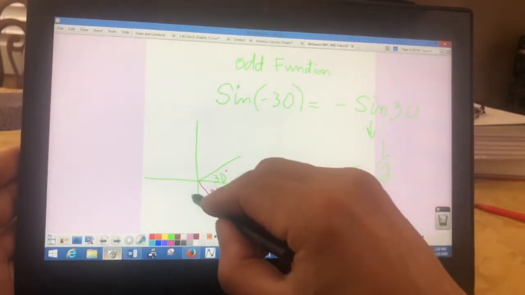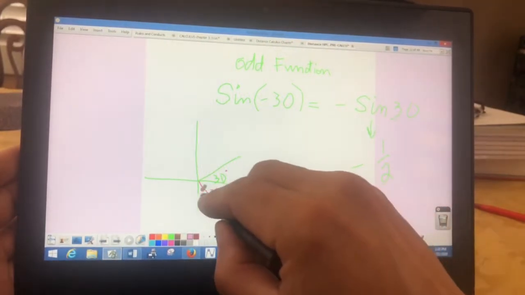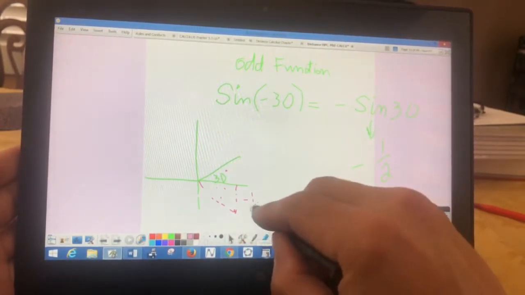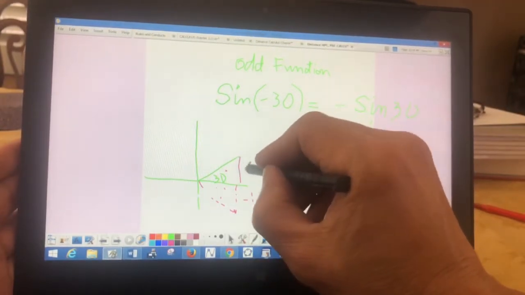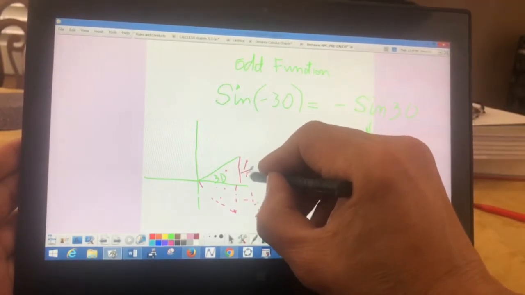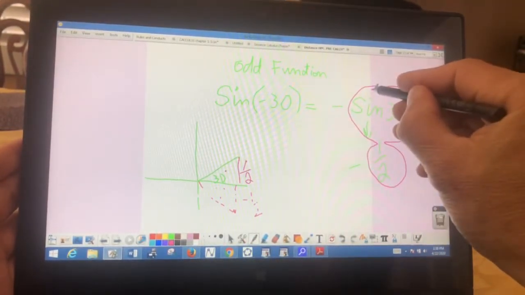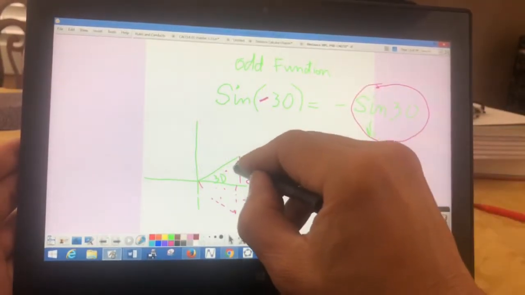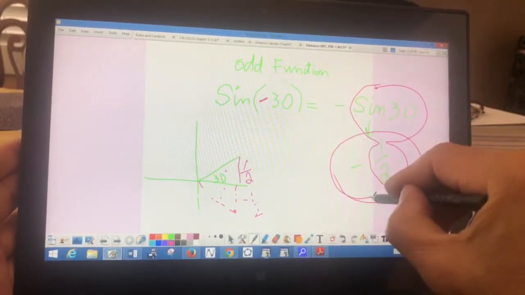Now, if you think of it as a positive, your angle should be a positive number, or your length is positive 1/2. But then this is your positive 1/2 because you remove the negative. You put the negative on the outside. So now it looks like negative 1/2.